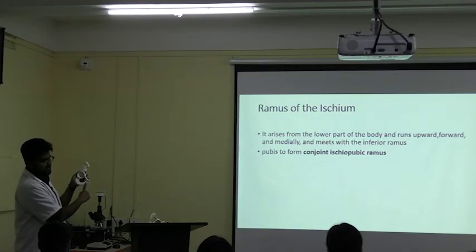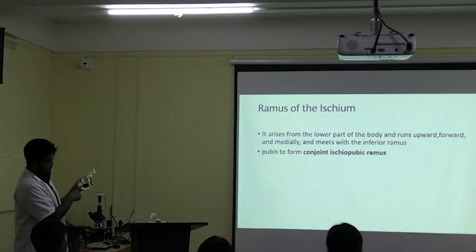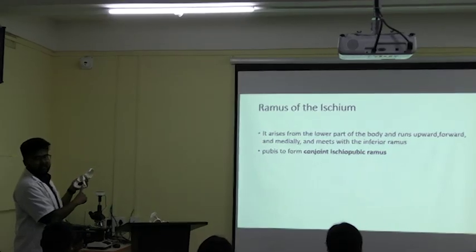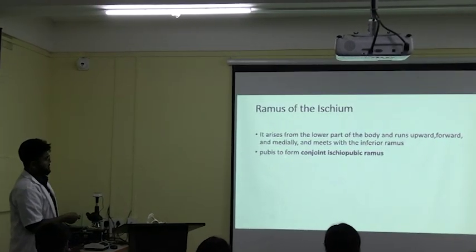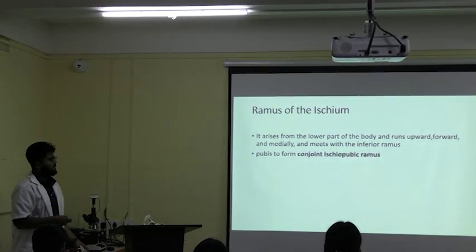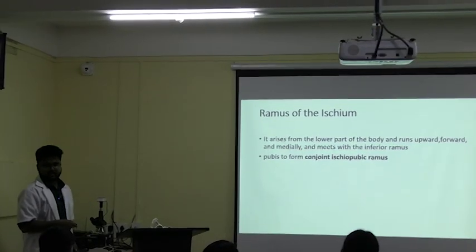It articulates with the inferior ramus of the pubic bone and forms one conjoined ischiopubic ramus.